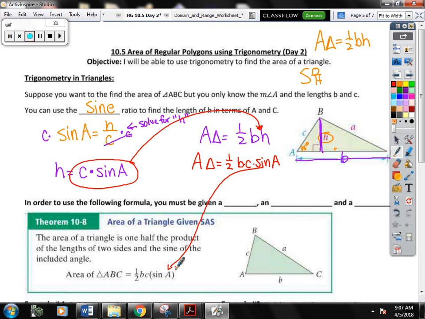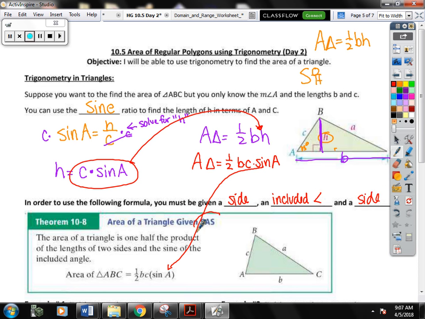So this is a formula you can use to find the area of a triangle, but in order to use this formula, you have to be given a side length, an included angle, and another side.